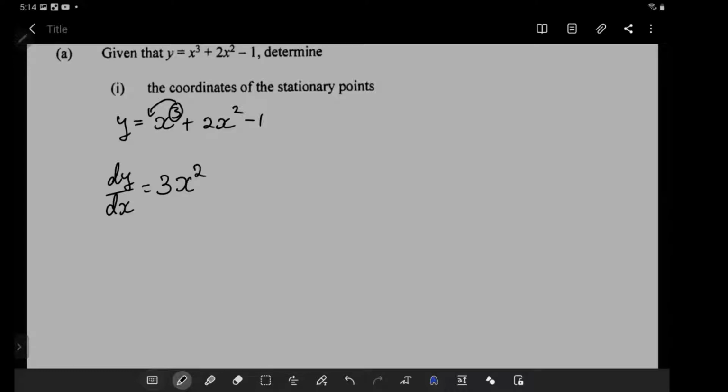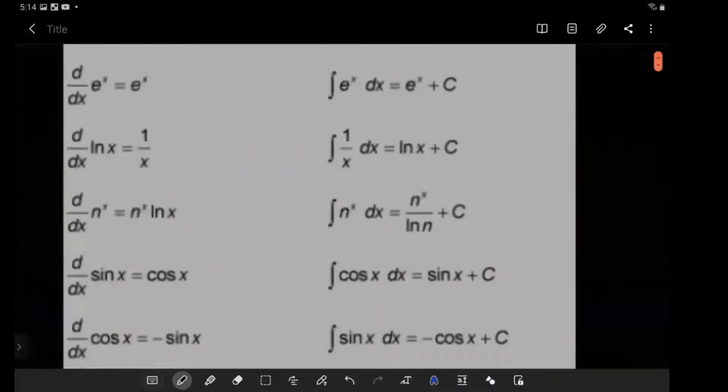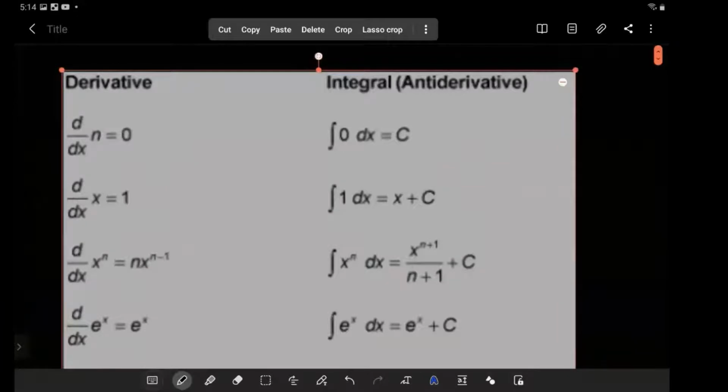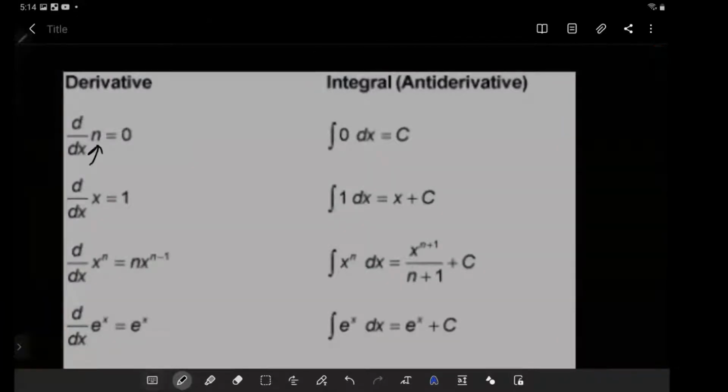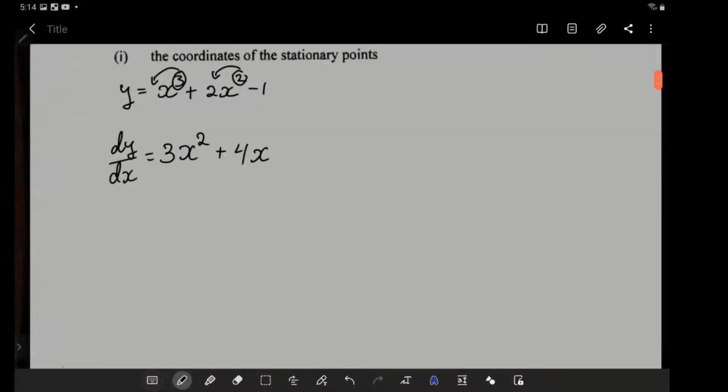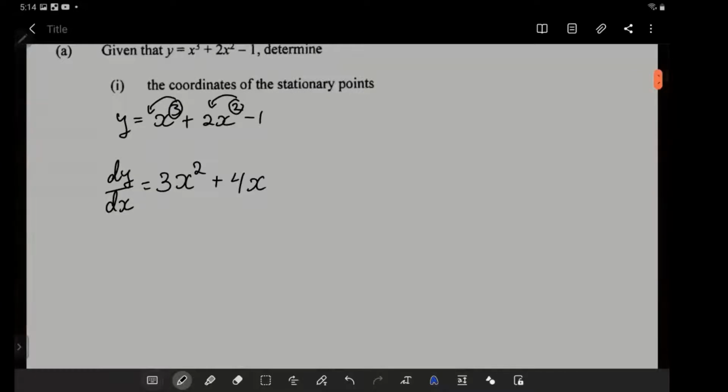So we get 3x squared as our first leading term. Same thing here, 2 by 2 is 4, and 2 minus 1 is just 1, so we have x to the first power. Now the derivative of a constant is 0, where n is some constant, it is always 0, so we lose the last term. So this is our first derivative.